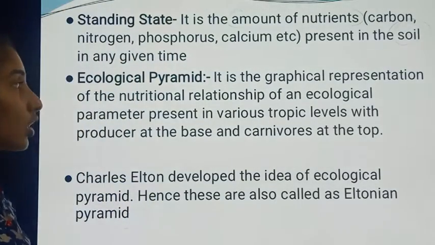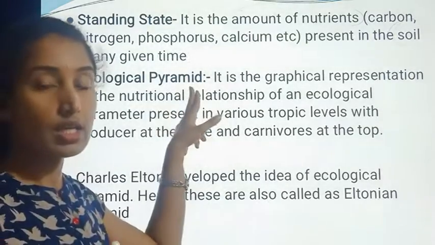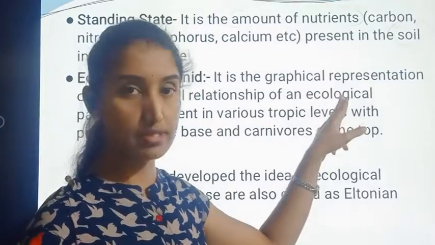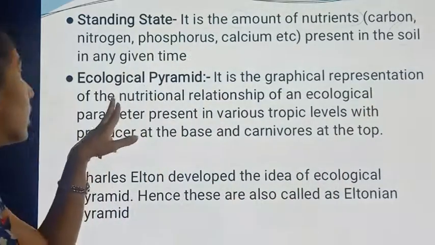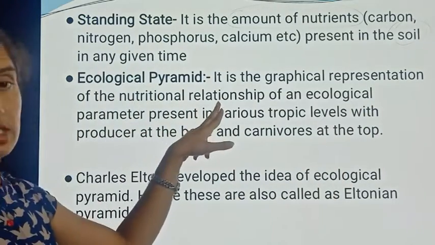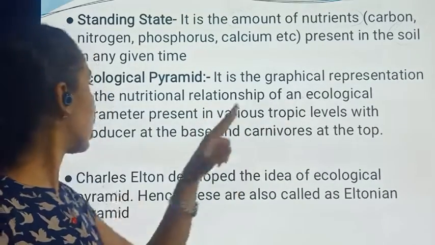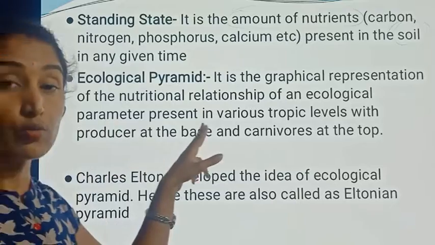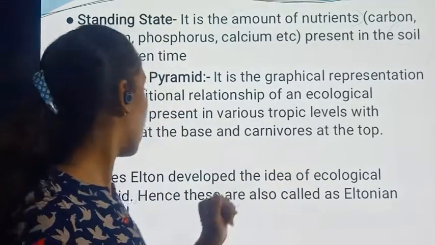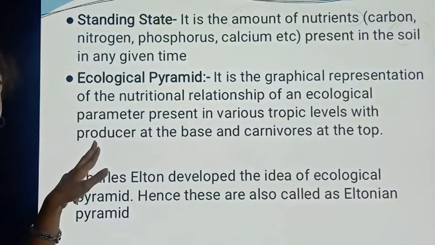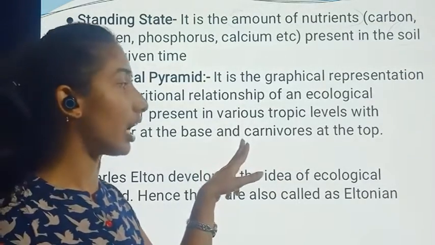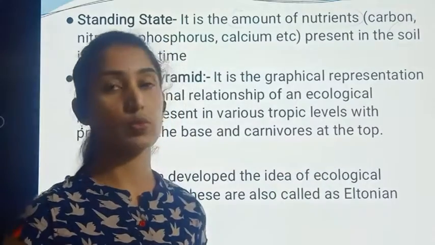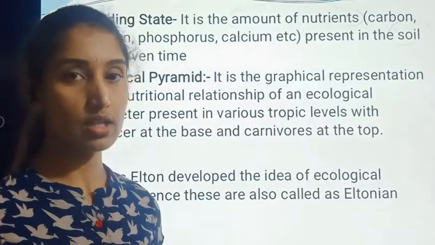An ecological pyramid is the graphical representation of the nutritional relationship of an ecological parameter in the various trophic levels, with producers at the base and the carnivores at the top of the pyramid. This is what we call an ecological pyramid.